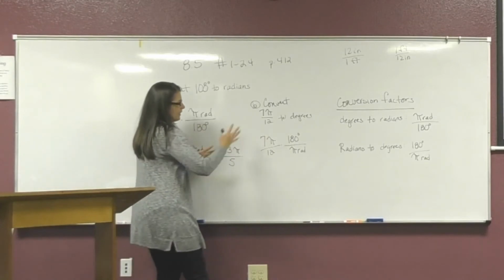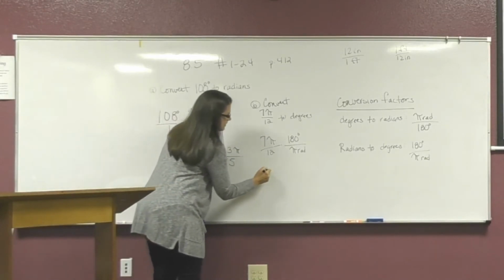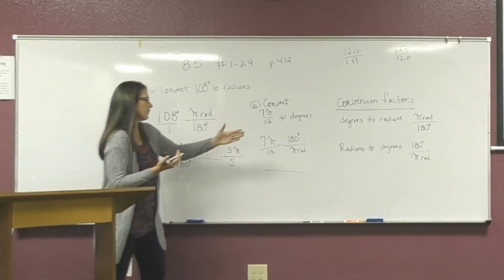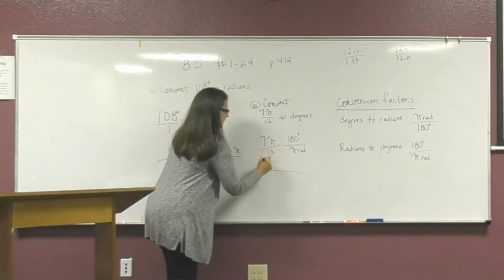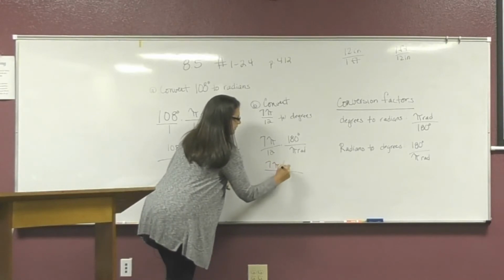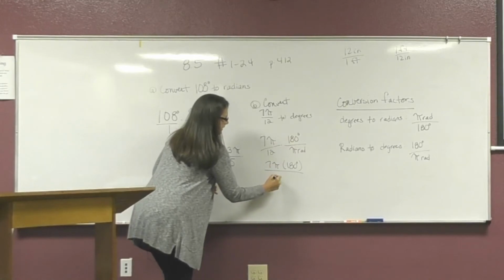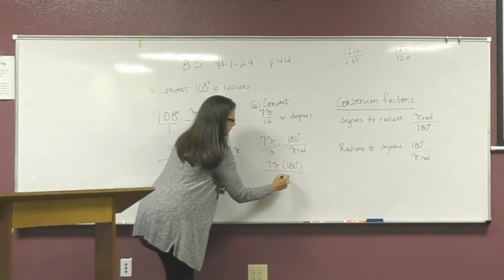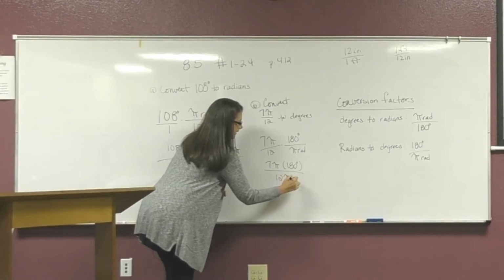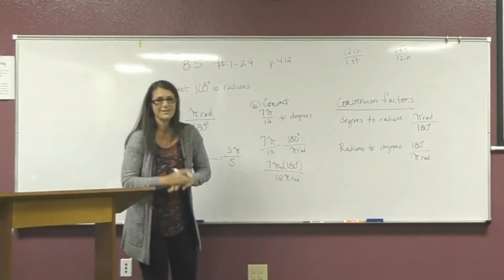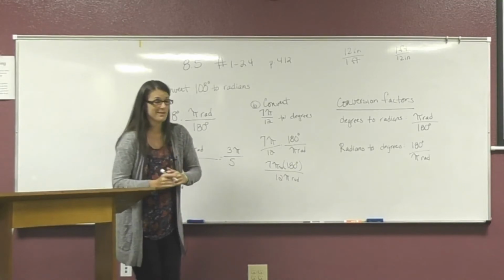All right, so then we would do the math. I don't know what 7 times 180 is. Whatever 7 times 180 degrees is, and then I forgot my calculator again, over 12 pi, and that is in radians. We understand that there is radians there, but it's not written because it's not necessary.